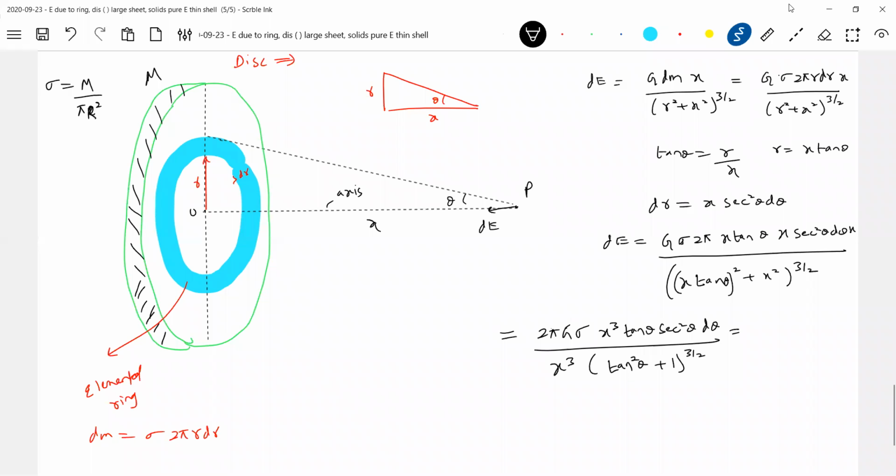I think if I simplify this, x cube gets cancelled. Tan theta is there. From here secant square theta, secant cube theta. Here secant theta will come. So finally I'll end up with only.